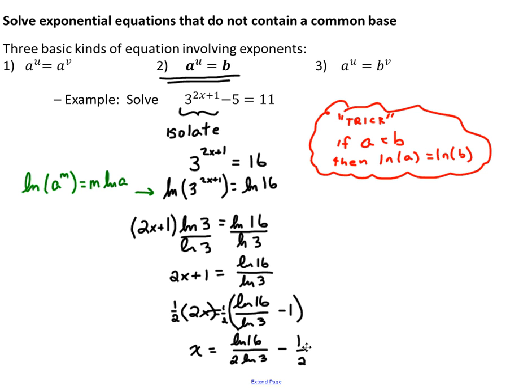Now, if we wanted to, we could combine this together as a single fraction as well. We might find something like this: the natural logarithm of 16 minus the natural logarithm of 3, all divided by 2 times the natural logarithm of 3, but that is an equivalent solution.